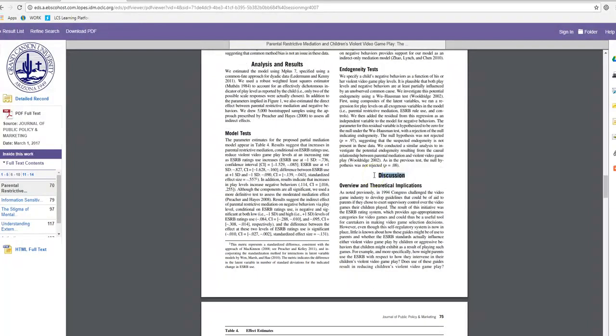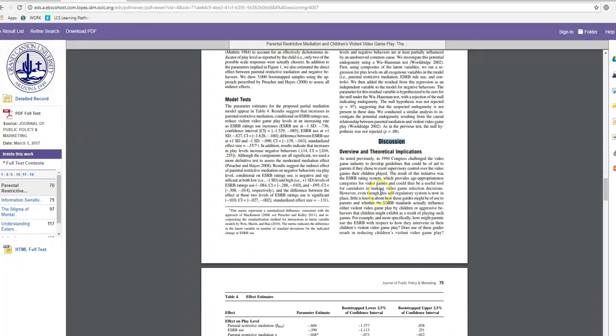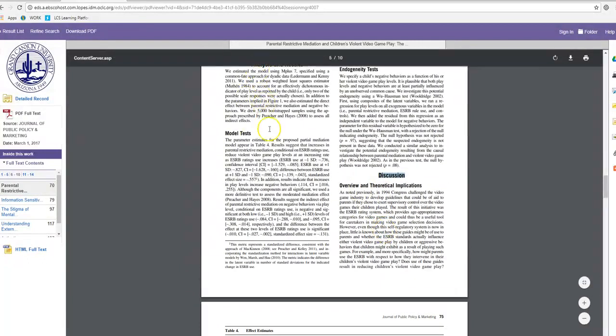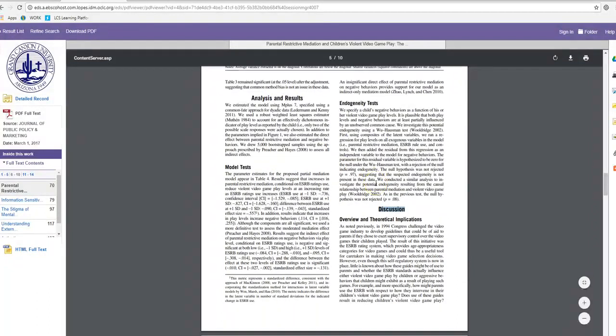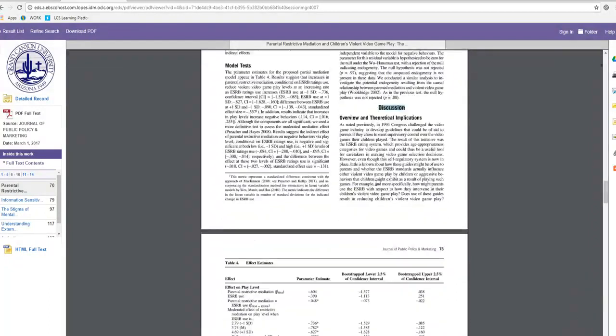A discussion area is actually what the results were. The researchers take the numbers and the figures and write it out in an explanation, giving examples as to what the actual study results say. So you want to read that section. This will probably make a lot more sense, and that's what you want to go off of. Reading this analysis and results section, like I said, is almost like reading another language.